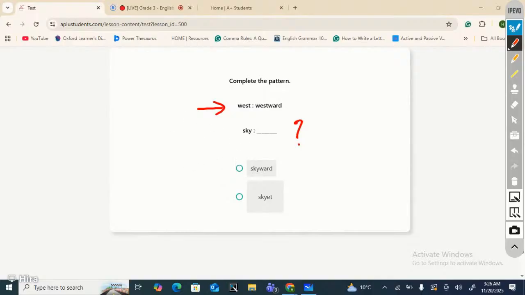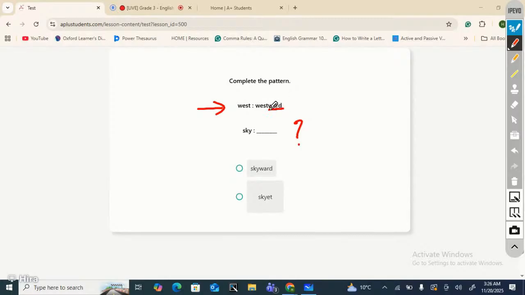Is it option one or option two? Well, look at the first pair. West, westward.